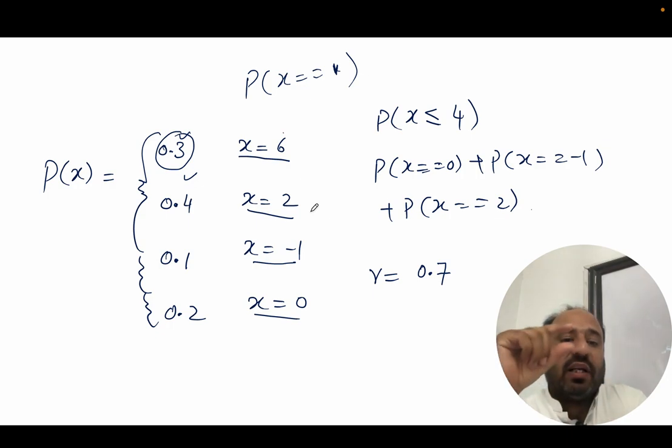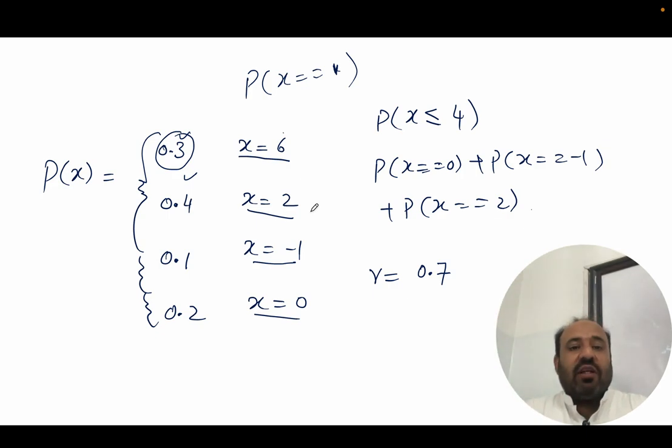No, if the probability is 0.4, only then we have to return 2. Now we are returning 2 when the random number is 0.7. However, it should have returned 2 when the random number was 0.4. What should we do?